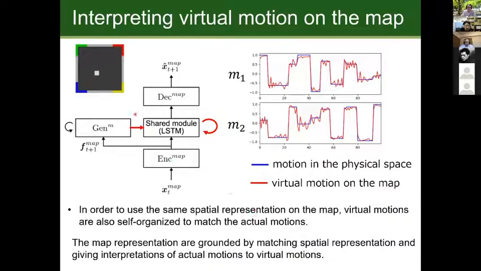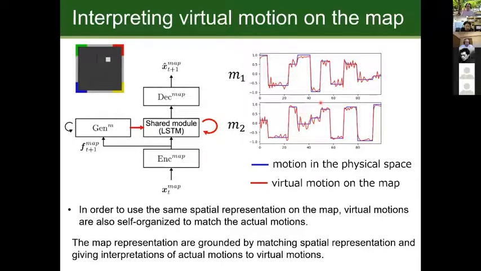And then we try to analyze the virtual motions. In order to use the same spatial representation for the shared module, the virtual motions are also self-organized to match the actual motion. So the map representation is grounded by matching a spatial representation and giving an interpretation of actual motion to virtual motion. So the virtual motion corresponds to the actual physical motion as well.